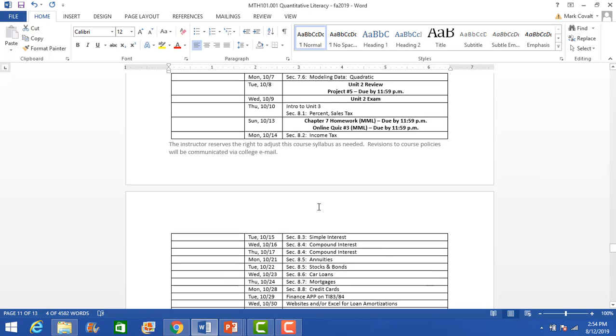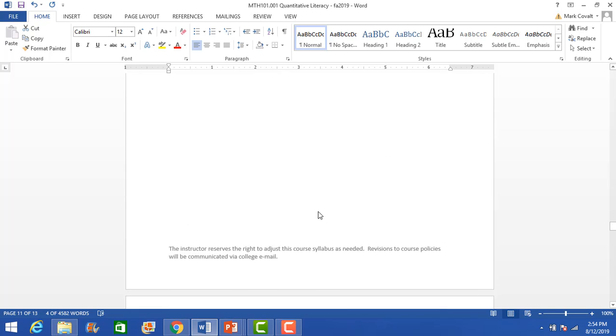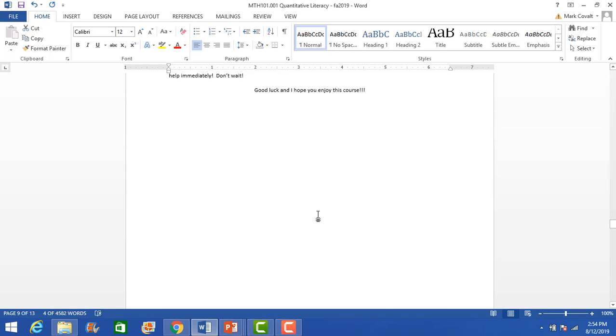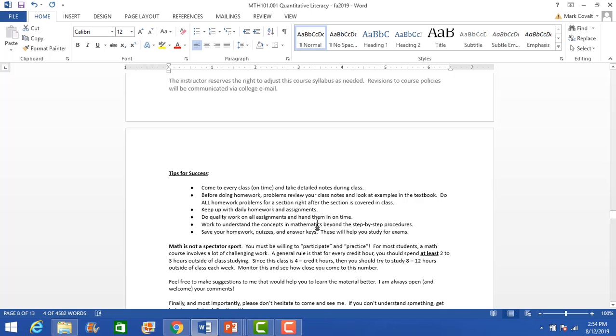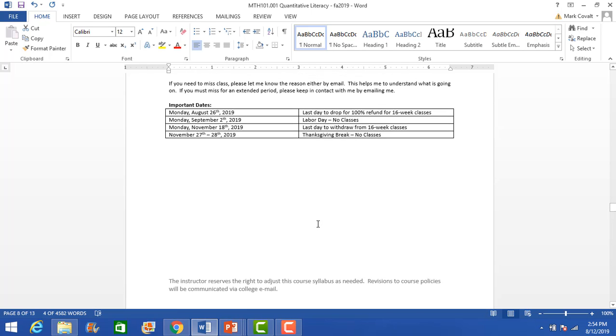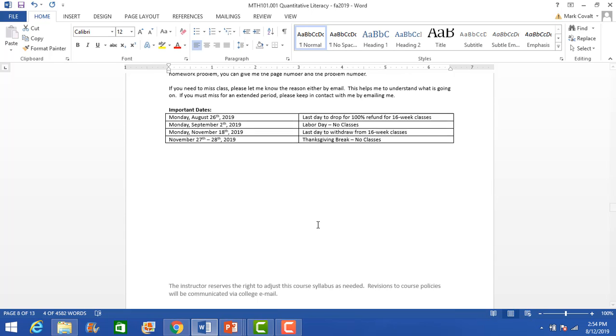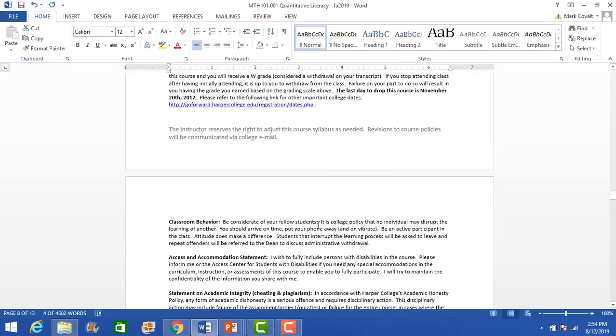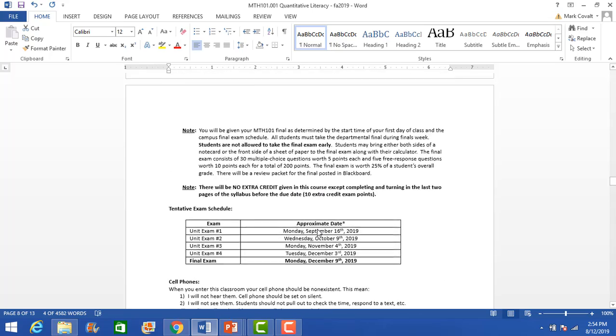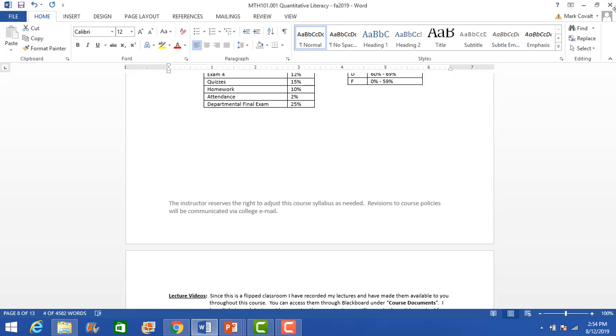So just go through the syllabus, make sure you read it, and make sure you understand the due dates, all the different dates that are in the syllabus. If you catch a mistake on the syllabus on Blackboard, please let me know so I can fix it. If you have any questions about the syllabus, please let me know so I can clarify or answer your questions. Okay, so that is the syllabus.